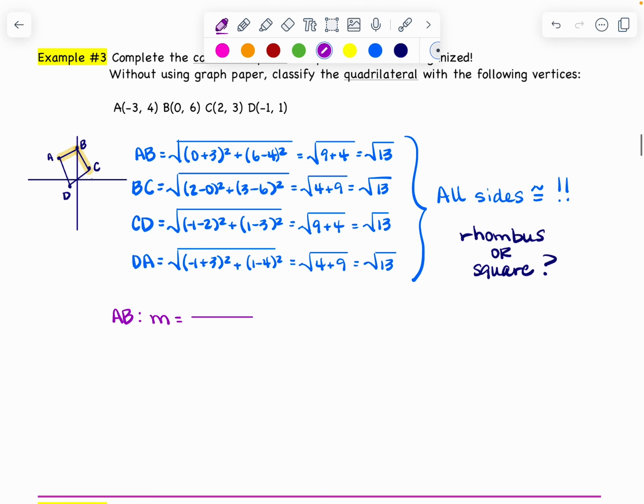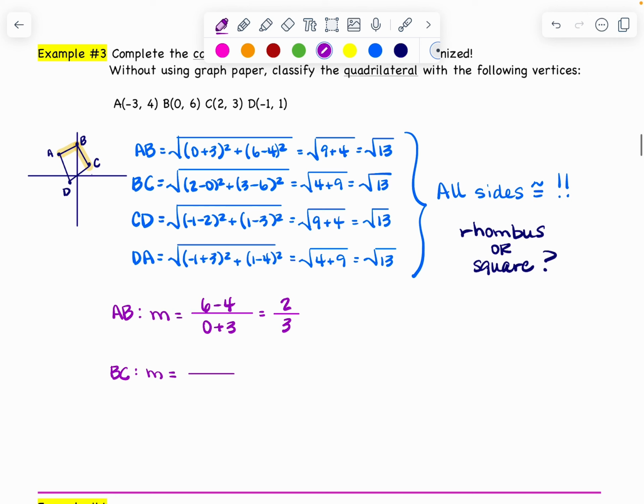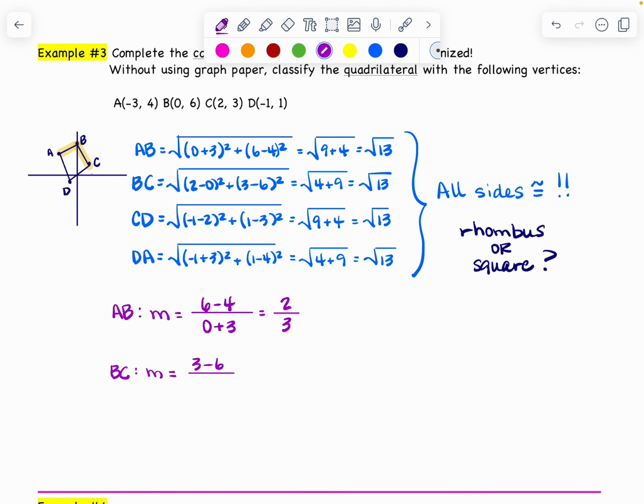So I'm going to do my y2 minus y1 over x2 minus x1, right? So 6 minus 4 and 0 plus 3. All right, so that's going to give me 2/3 for the slope of AB. All right, and then I'm going to go find the slope of BC. Again, I'm labeling all my work so nobody has to guess what I'm doing.